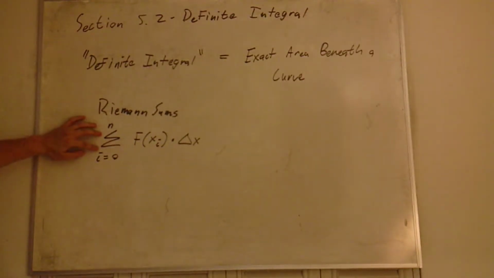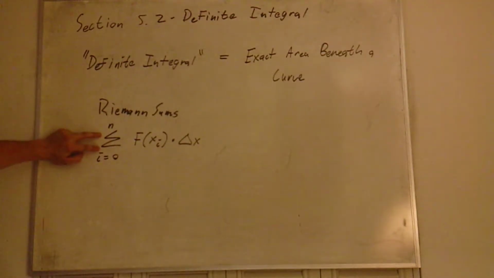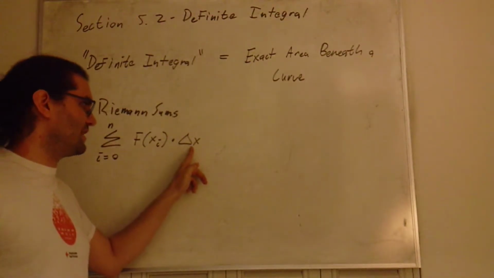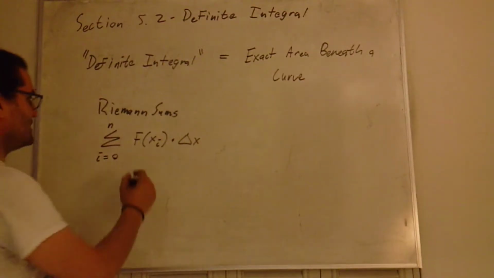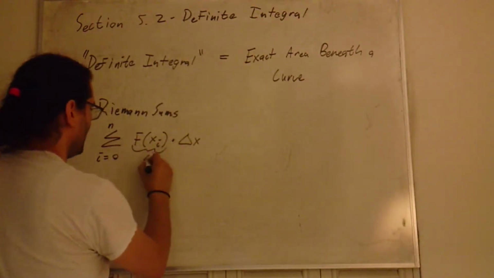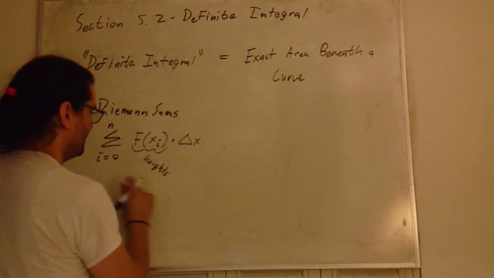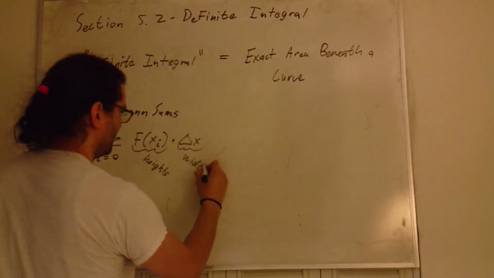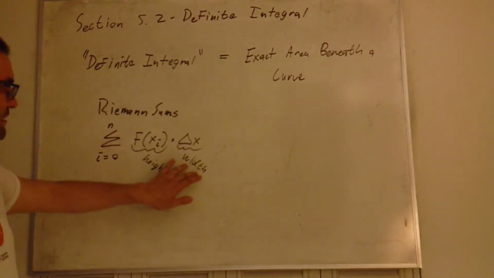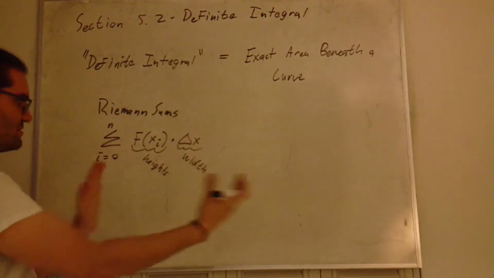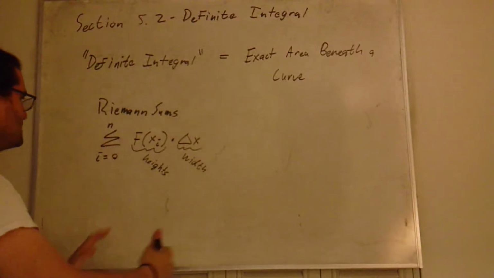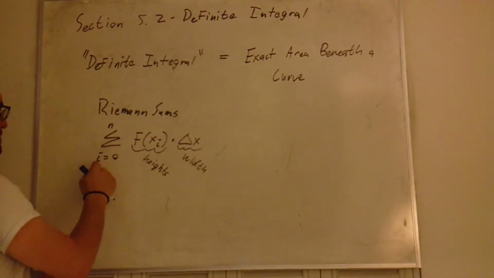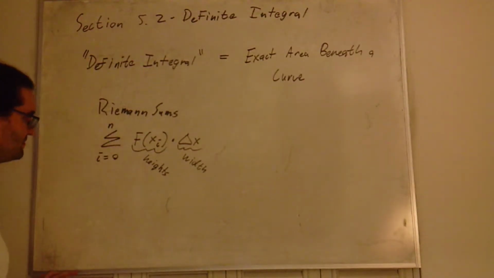This symbol is the Greek letter sigma, and it means sum. And we saw from the last section that delta x was the width. So essentially, these are heights, which were the function values. This is the width, which is just a distance on the x-axis. And this means the sum over all of these i values.